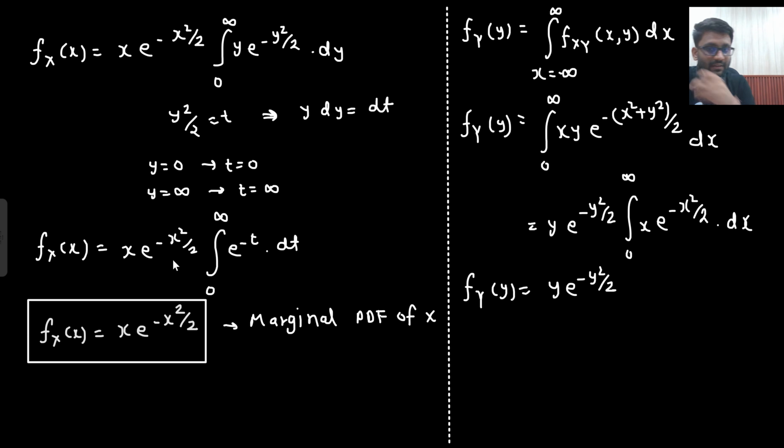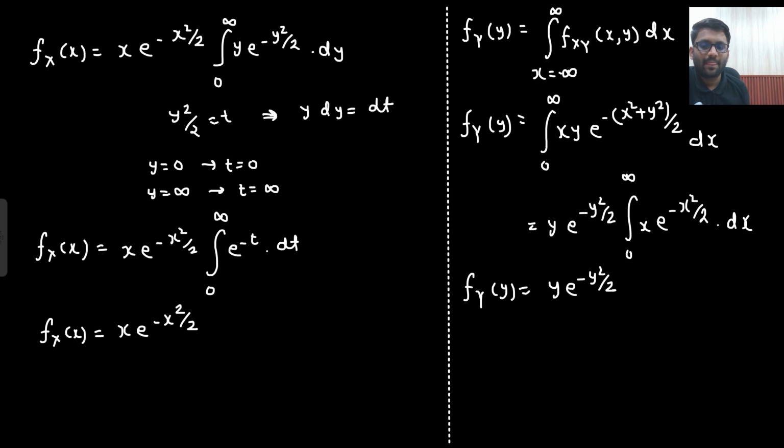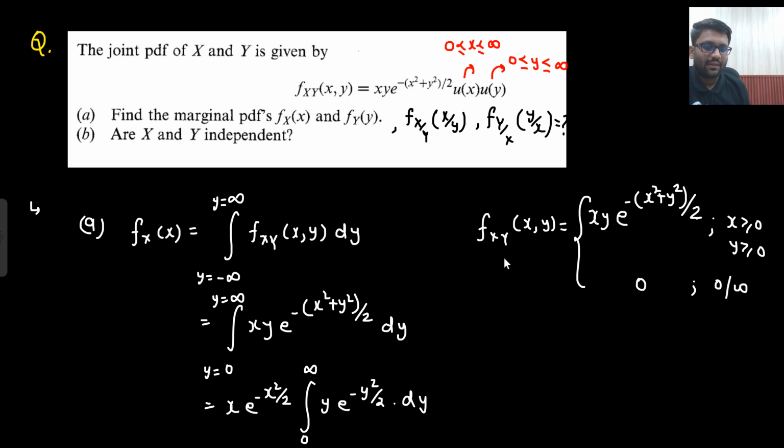And one more thing, this is not completely correct. Here I have written this is not completely correct. What did I forget? I forgot adding u(x) here, no? Because you are solving everything considering x is also greater than 0, no? Here x is also greater than 0. Are you able to understand this point?